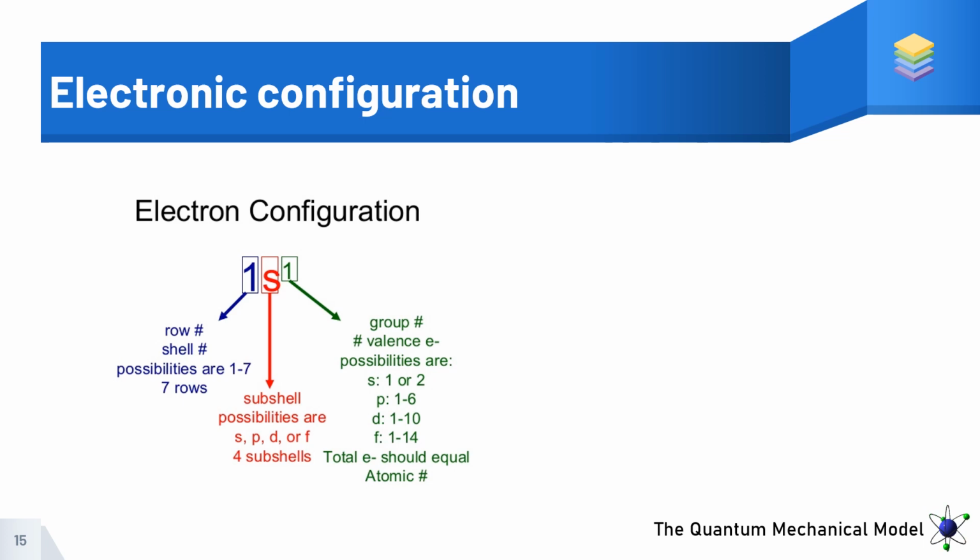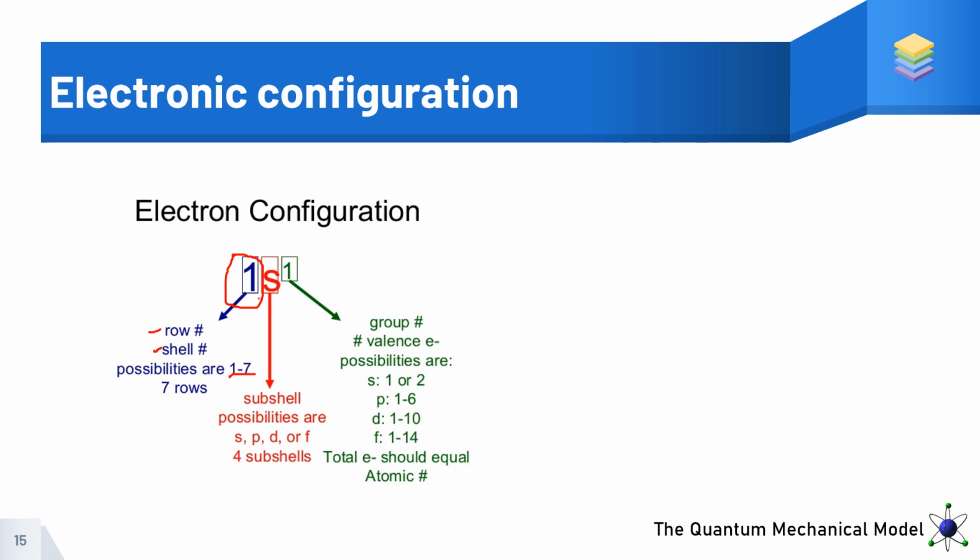Now, in writing the electronic configuration, we can see that we have here the numerical coefficient, which is 1. This represents the row or the shell, and the possible numbers could be from 1 to 7.